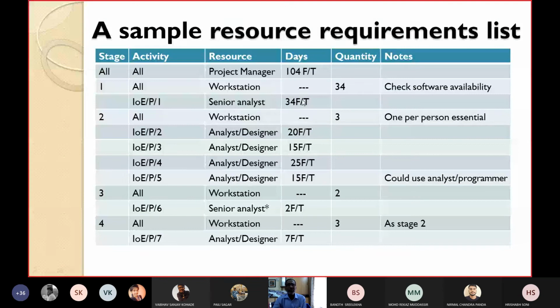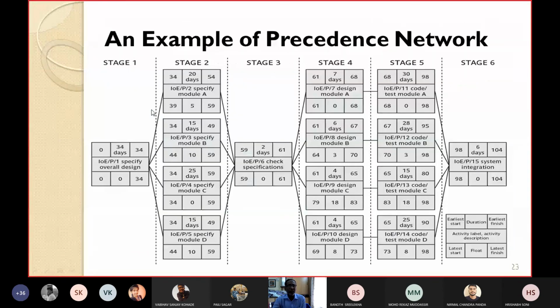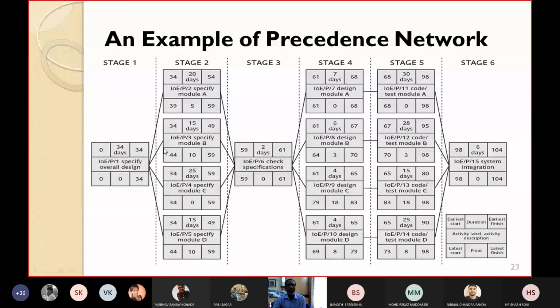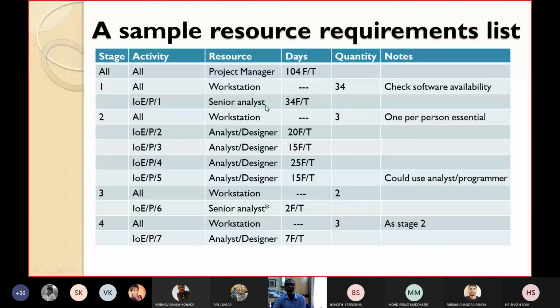So activity one, specify overall design, requires one senior system analyst for 34 days, and it is full time. Similarly, you may require one senior analyst for that.